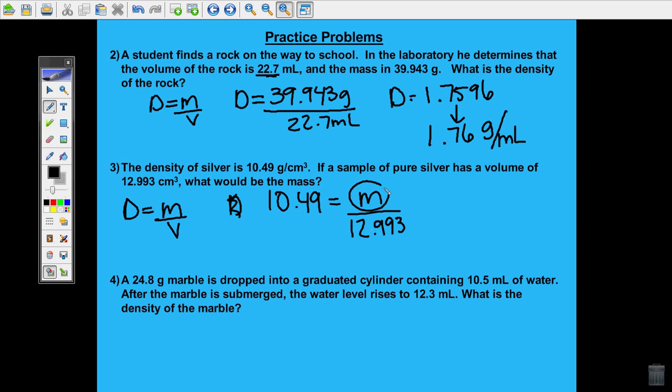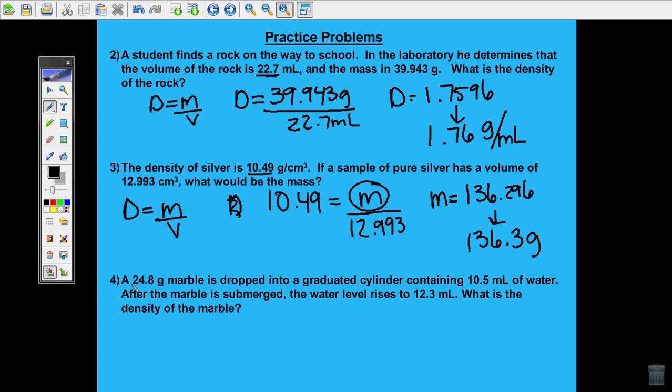So I'm looking for mass, so I have to multiply these two together. So when I multiply, I get 136.296. And I'm multiplying, so I'm looking at least number of significant figures, which would be 4. So I need to round this to 136.3 grams is my units.